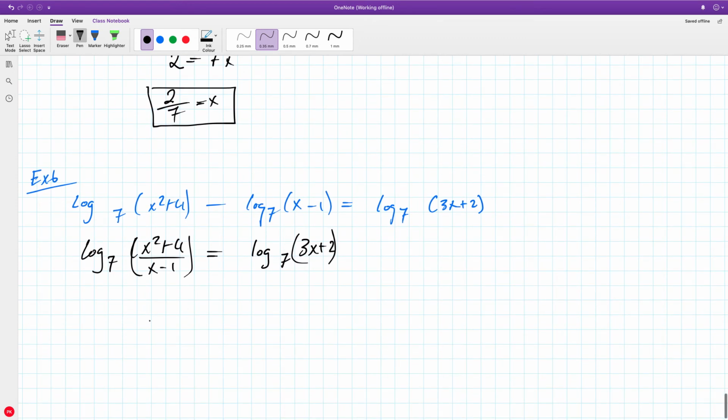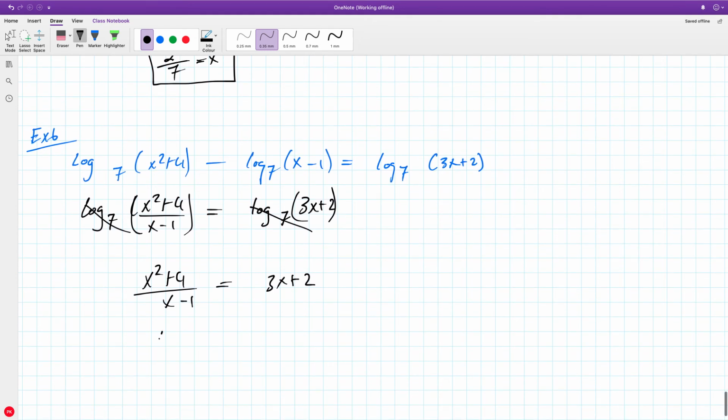That becomes x squared plus 4 over x minus 1 is equal to 3x plus 2, when the log to base 7s cancel either side. That becomes x squared plus 4 is equal to 3x plus 2 by x minus 1.